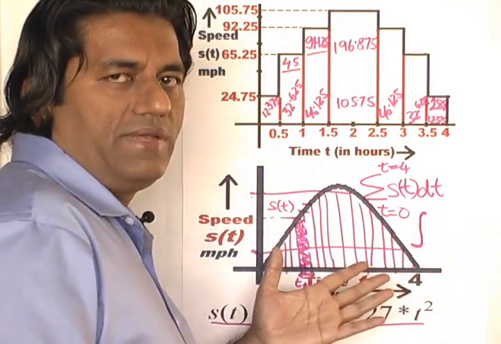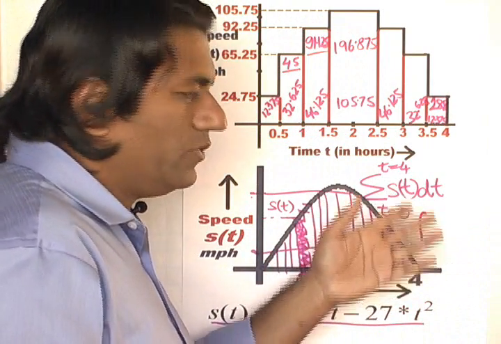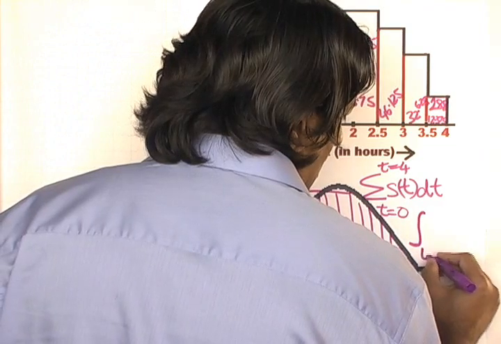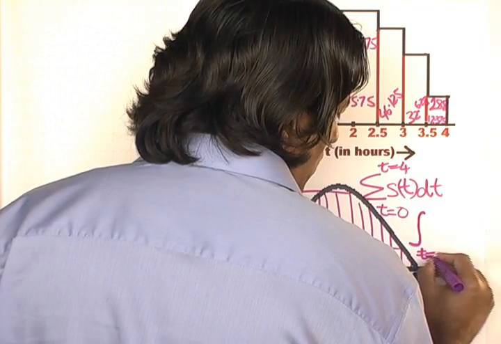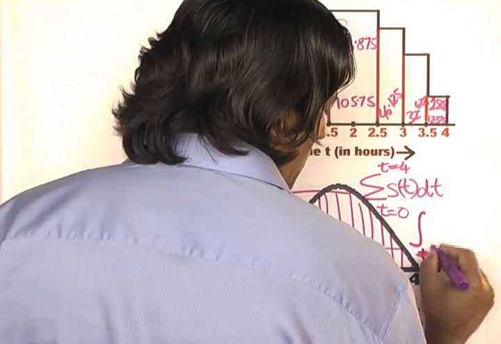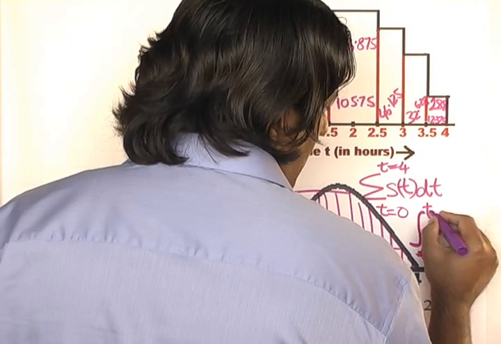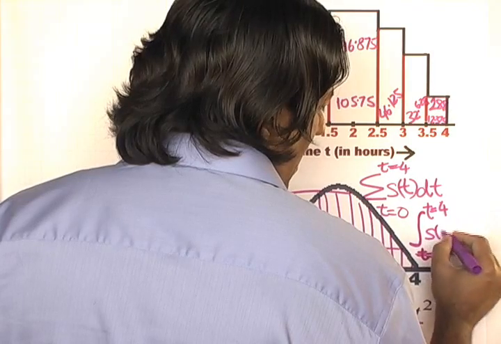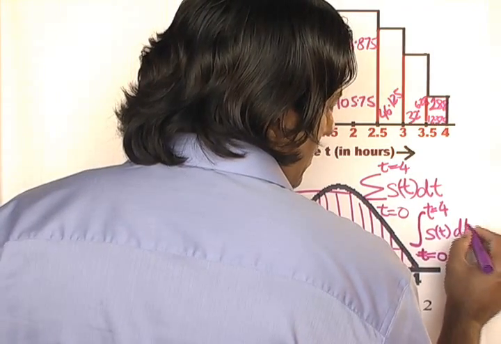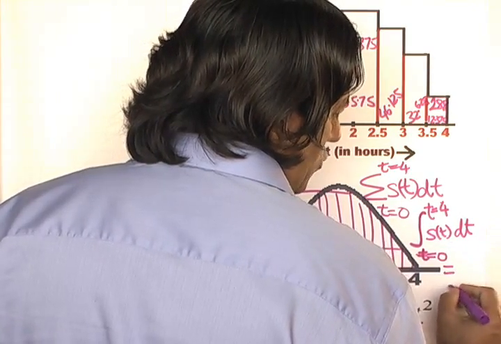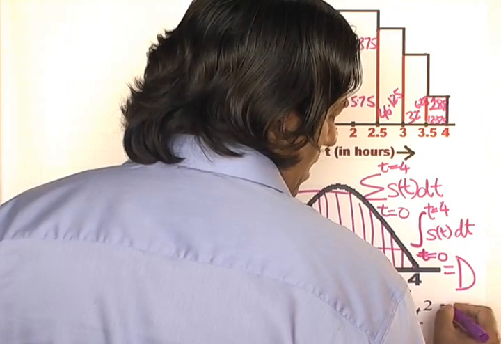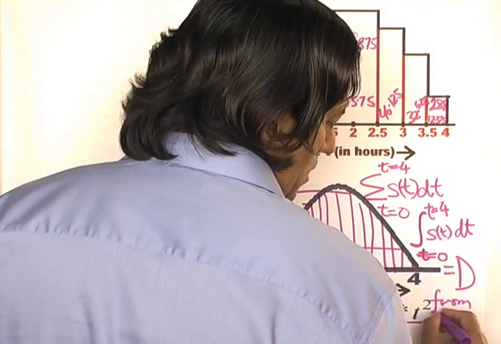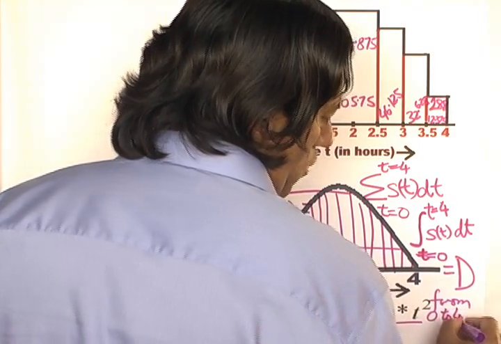Now, sigma is the Greek letter s, so you just put a stylized s instead, and you write the lower limit of t equal to 0 to the upper limit of t equal to 4, st dt, equal to the distance traveled from 0 to 4.